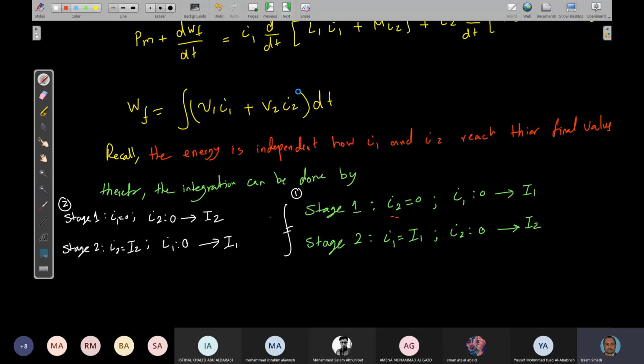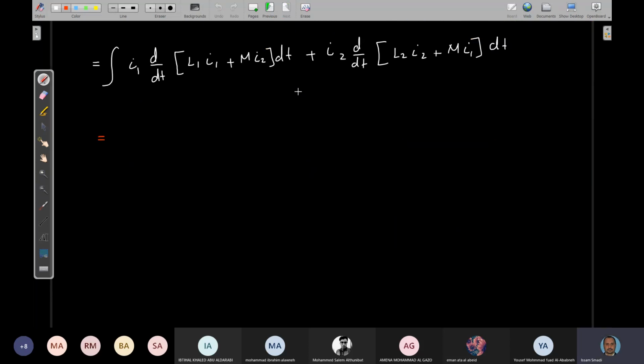So if I2 equal to 0, this means that this term is equal to 0, correct? Yes. And this term is equal to 0. Yes. So I will end up with only the first term due to stage number 1, which is I1 d by dt of L1 I1 dt.